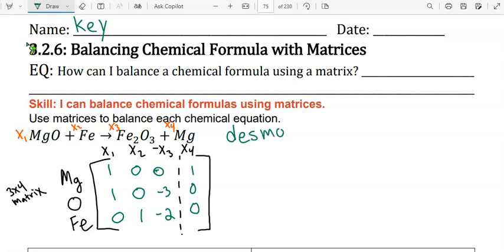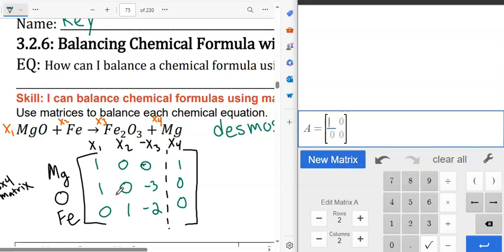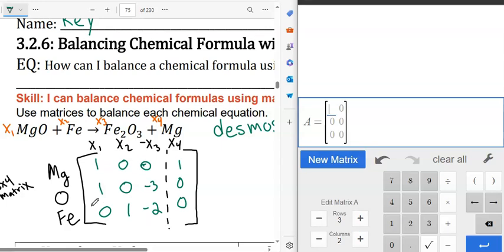Once you set that up, you will put it into the calculator. Go to desmos.com/matrix. Once we get here, we'll click on New Matrix. It has 3 rows because there's 3 elements, and then 4 columns. There's 4 different molecules.